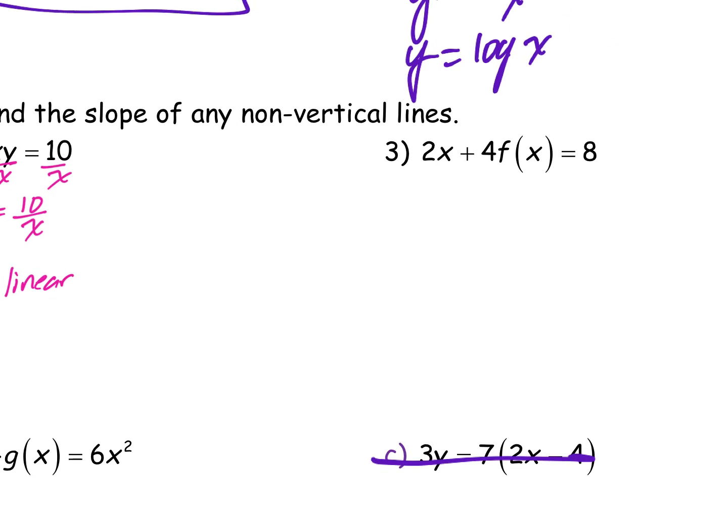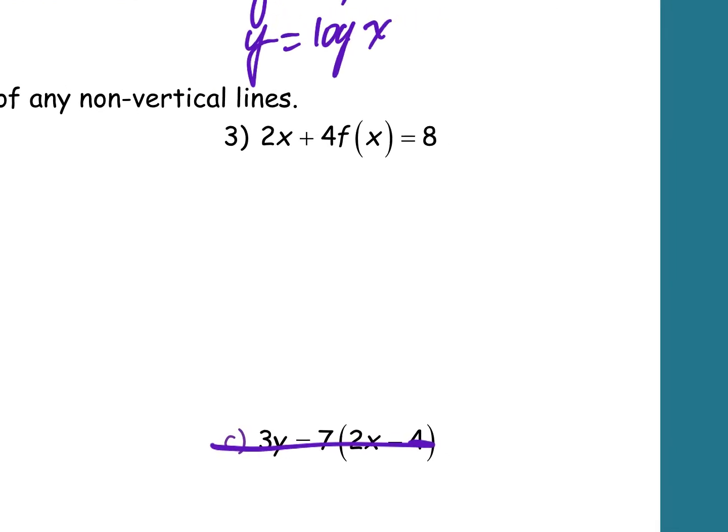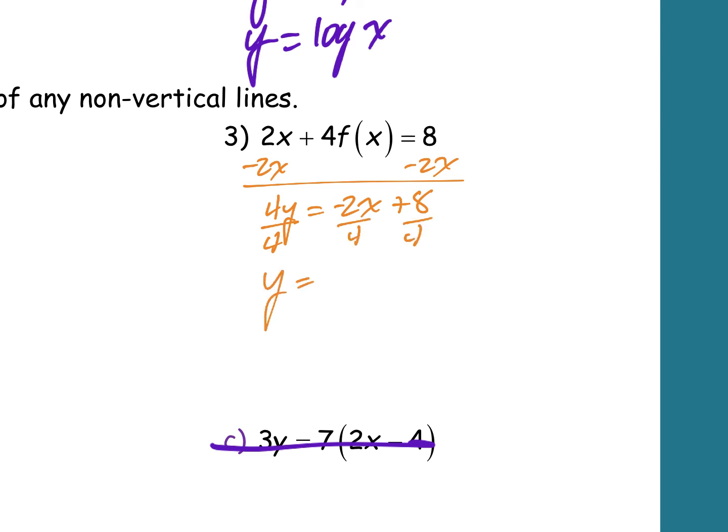Number 3, what am I going to do first? You see that there's an f of x. What is f of x? Great. So what am I going to do first? Solve for y. Minus 2x, and then divide by 8. So 4y equals 2x plus 8. So y is going to equal what?